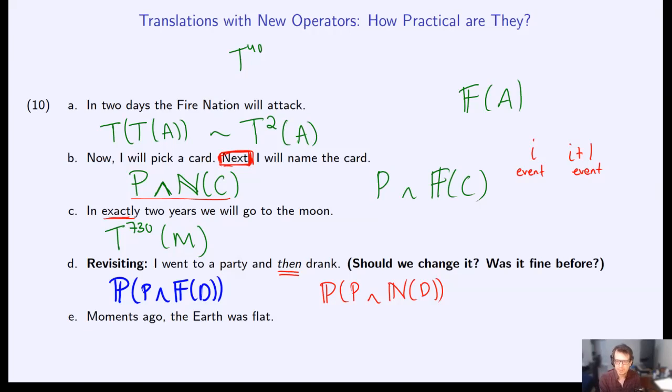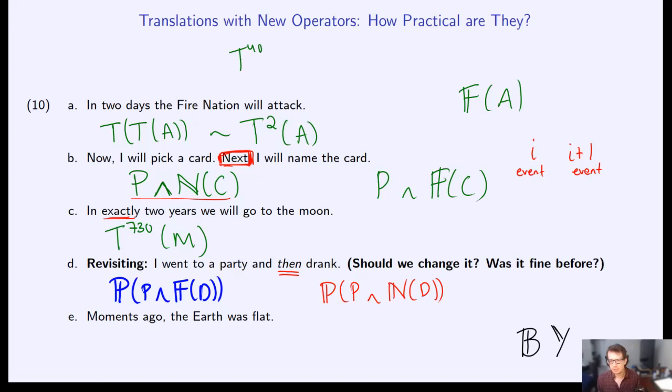Now E. E is an interesting one. To remind you of what the other operators were, because we're just using the next moment in tomorrow, we also had the B operator, which is the previous moment, and we also had the yesterday operator.